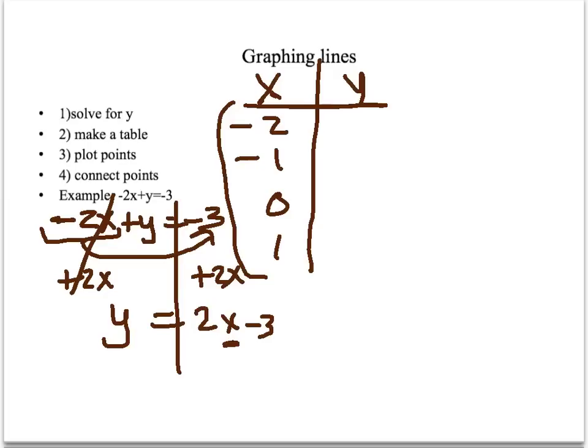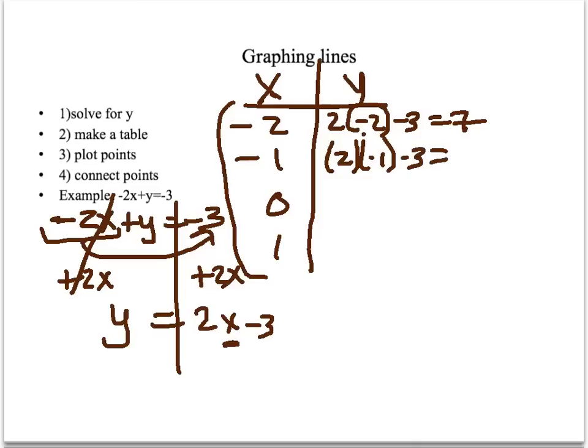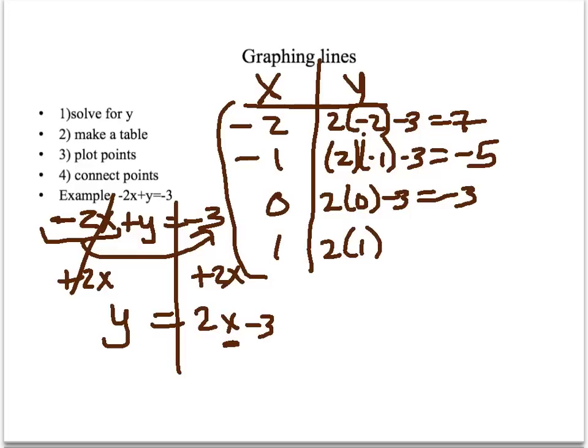If I do 2 times negative 2 minus 3, I have negative 4 minus 3 equals negative 7. If I plug in a negative 1, I have 2 times negative 1 minus 3. 2 times negative 1 is negative 2, minus 3 is negative 5. If I plug in a 0, I have 2 times 0 minus 3 equals negative 3. And finally, I plug in a 1. 2 times 1 is 2, minus 3 is negative 1.